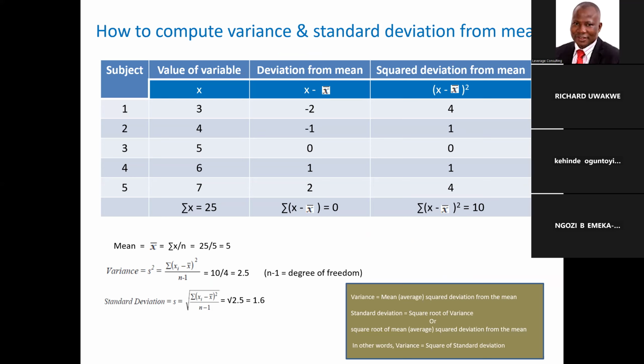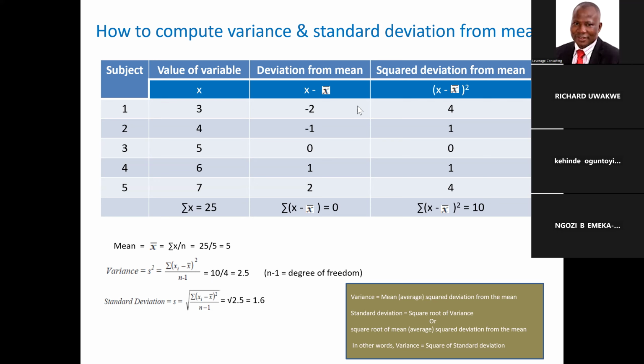This is trying to tell you how you compute and understand variance and standard deviation from the mean. Let's say we have 5 persons, and these 5 friends run a short distance. The time it took each of them to run the short distance is in seconds.